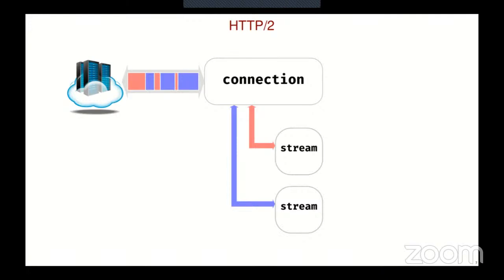So instead of, in HTTP1, making a connection, making a request, waiting for that request, or possibly pipelining another request after it, and then waiting for them one by one, in HTTP2, once you have a connection established, if you want to make a request, you simply create a new stream that is multiplexed with all the other streams.